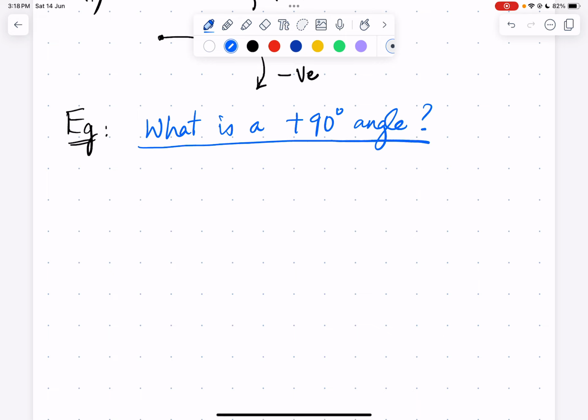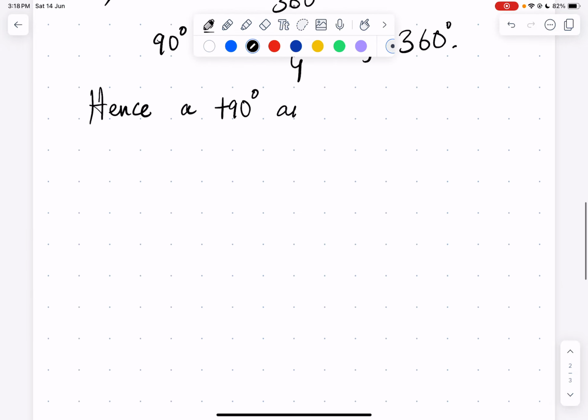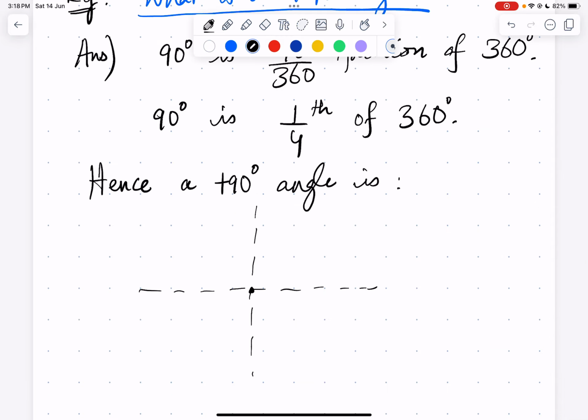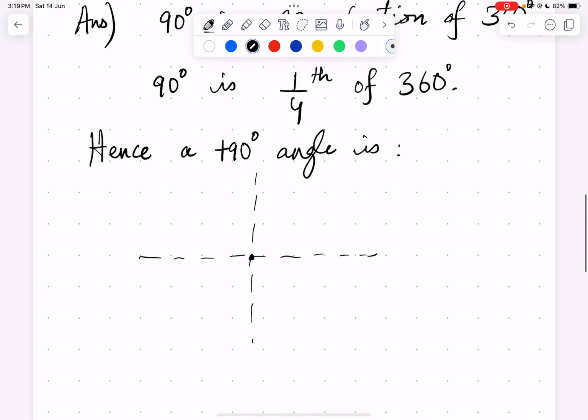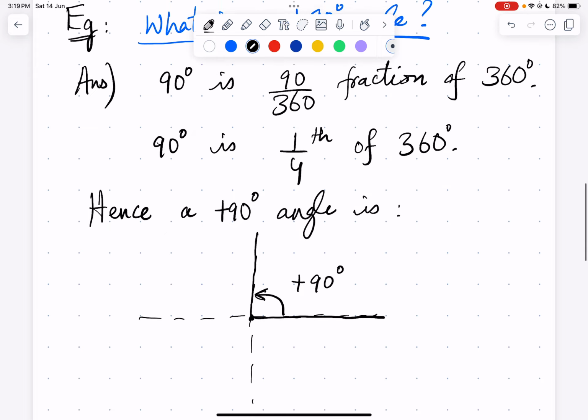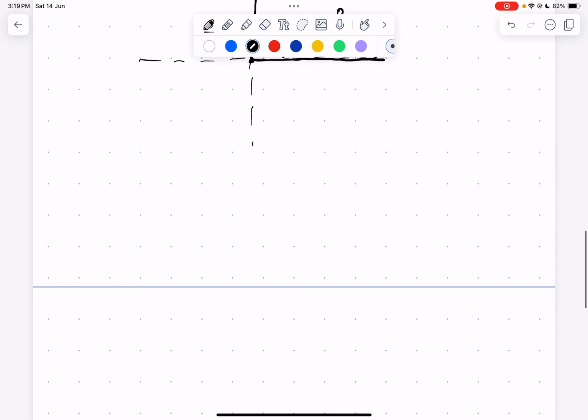Hence, a plus 90 degree angle is, you divide the full angle into 4 equal parts, and then this is a plus 90 degree angle. 1/4 of the full rotation is a plus 90 degree rotation. Okay, this is what a plus 90 degree angle is.